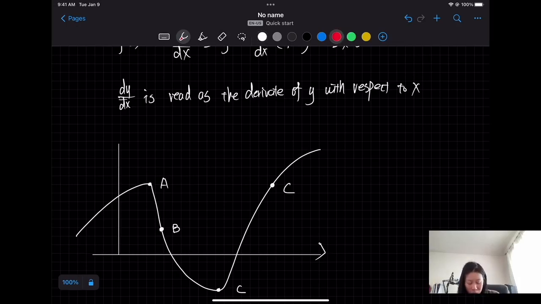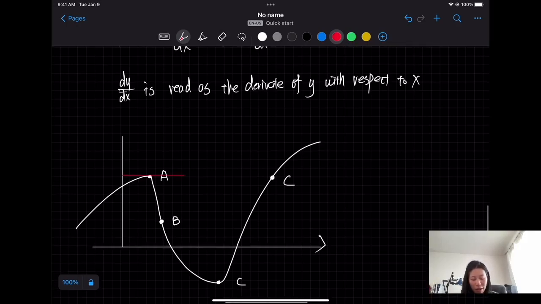The tangent line at point A should be what? A horizontal line, because at that point the instantaneous rate of change should equal 0.